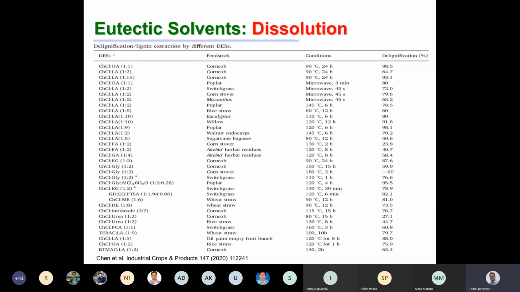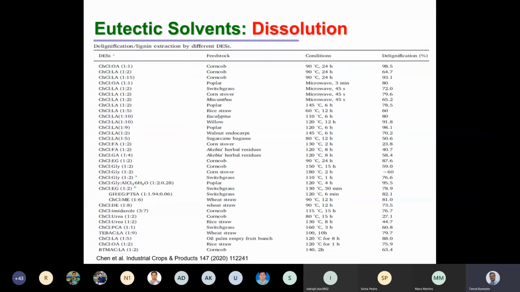You see here 60 degrees, 90 degrees, until 160 degrees. There is some variation, but all have a good delignification yield, sometimes using microwave too, decreasing the time of the process.